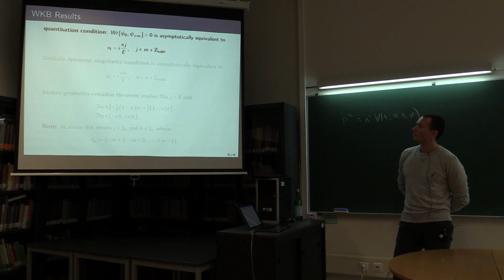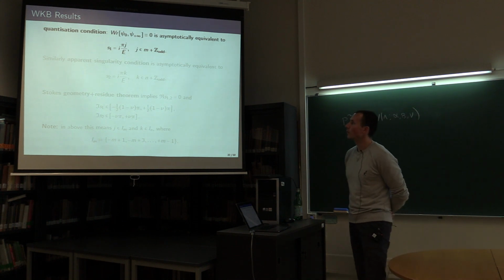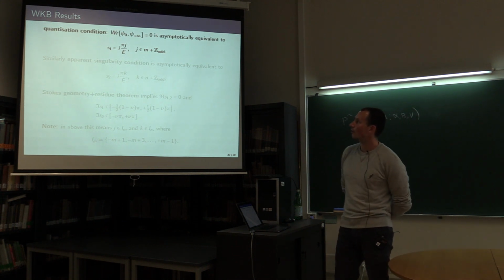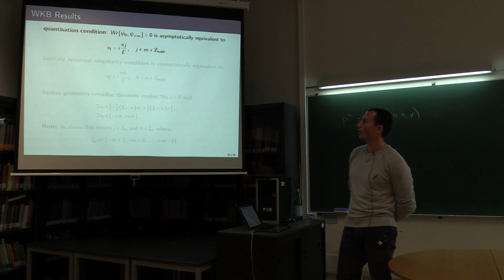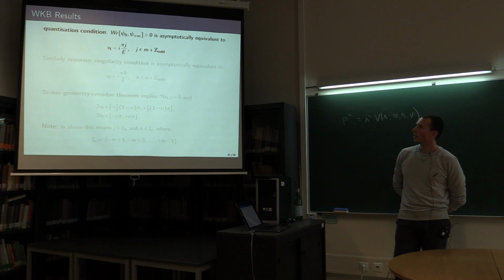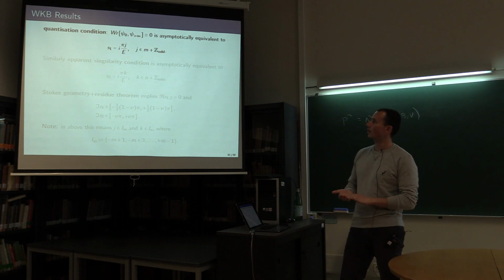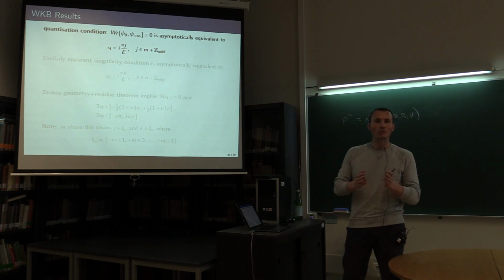So the quantization condition is asymptotically equivalent to this S1 taking quantized values. It takes value iπj divided by E, where j is m plus an odd number. Why is it a quantization condition? Well, one explanation would be that this S1 now is quantized.